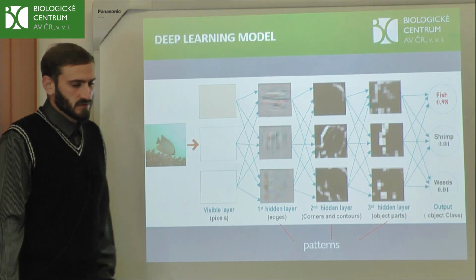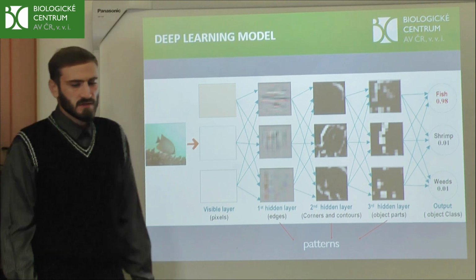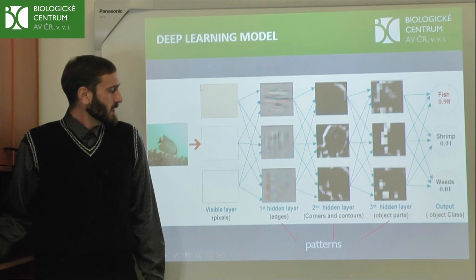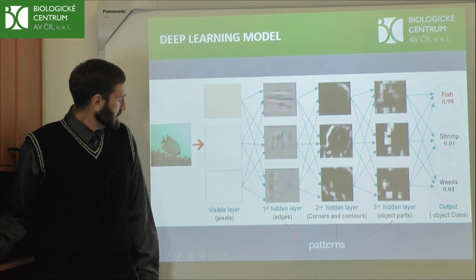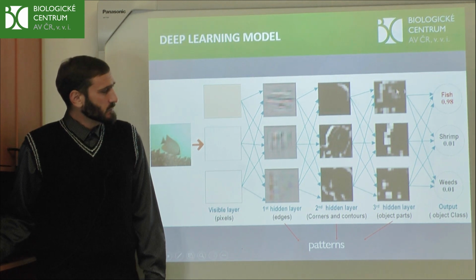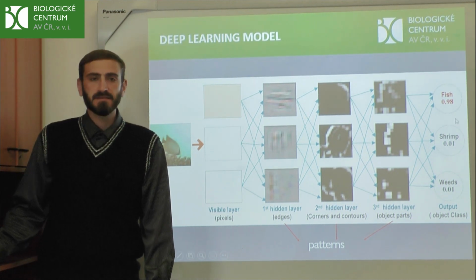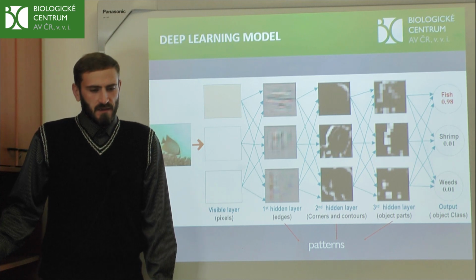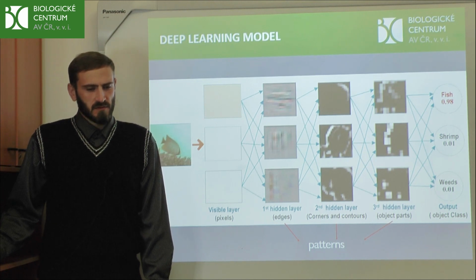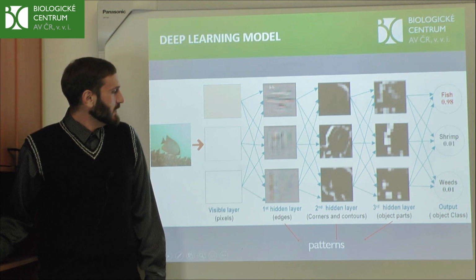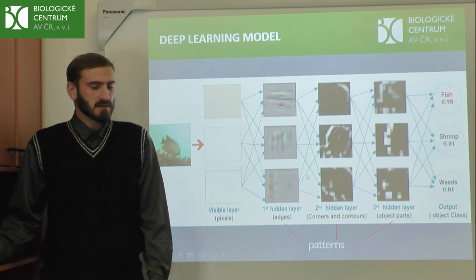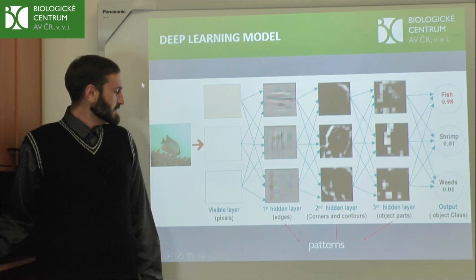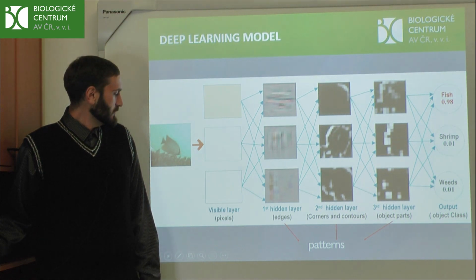So the goal of creating a learning model is to construct some kind of mapping rules which go from the input data to the output. On this slide we can see a learning model with so-called four layers, and in fact these layers are just filters which we apply to our input photo of fish.